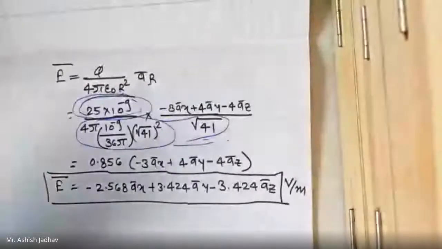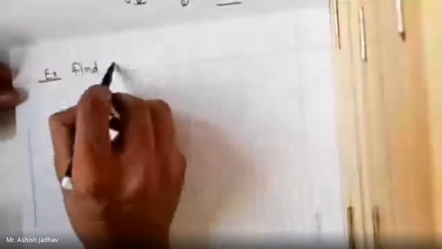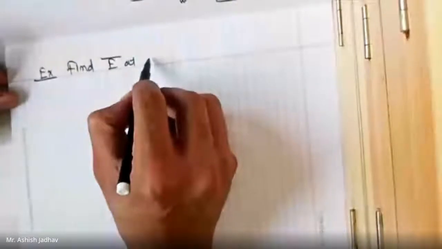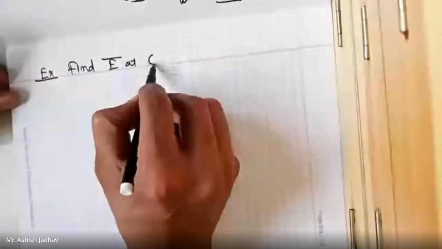One more example we can solve now. I'm going to assume the same point at which I'm going to find the electric field intensity due to some other charge. So another example. Find E bar at, let's say, 1, 2, 3.